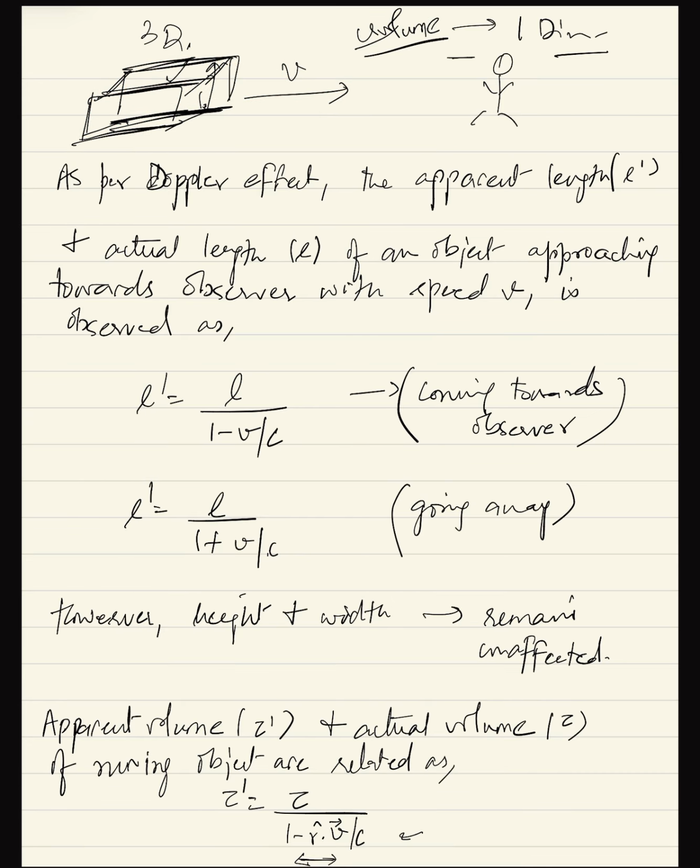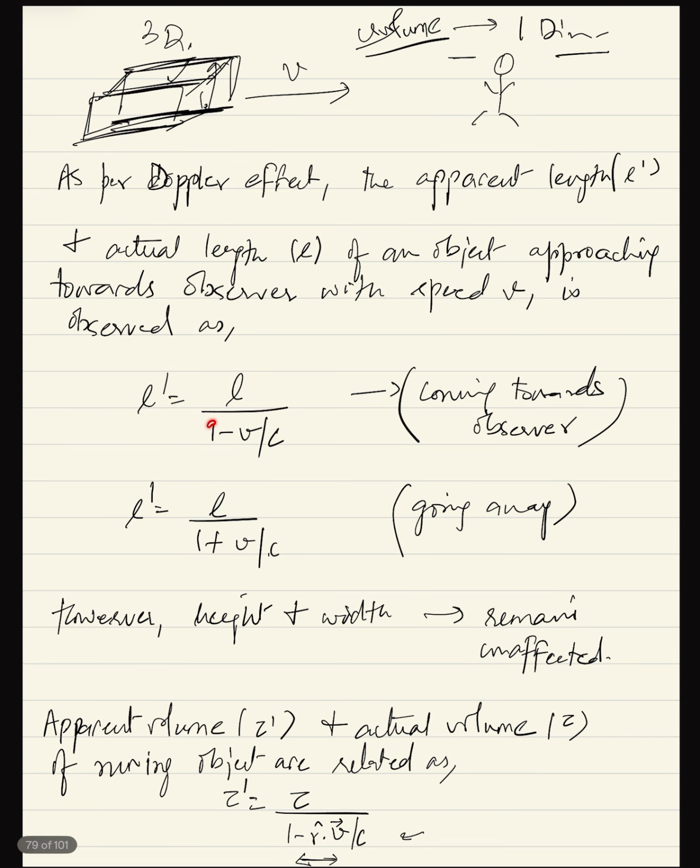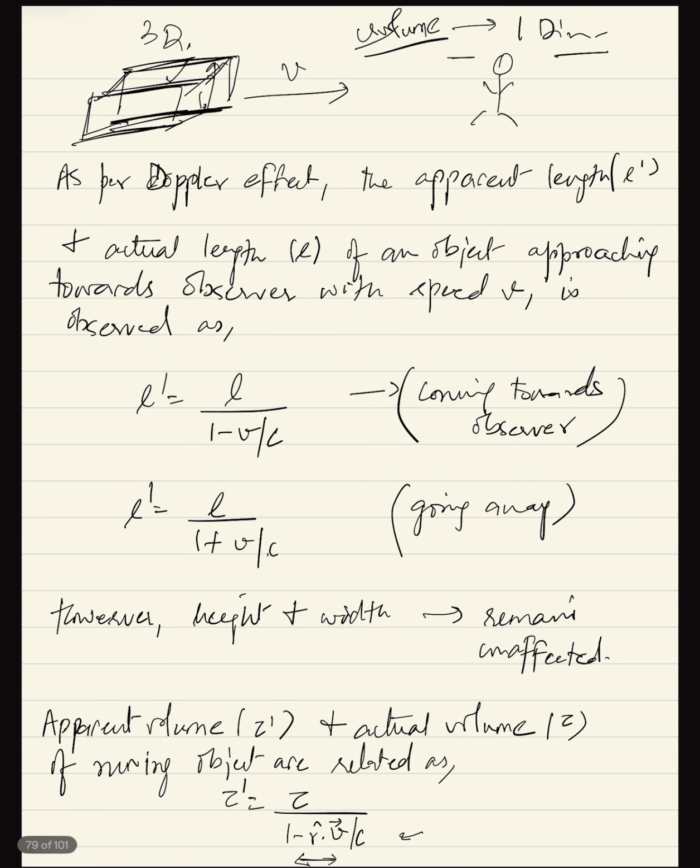Only that dimension will get affected which is traveling toward the observer. For example, the apparent and actual length will be related by L' = L(1 minus v/c) if it is coming toward the observer, or a plus sign if it is going away from the observer, and that we already know. But the other two dimensions, height and width, remain unaffected.